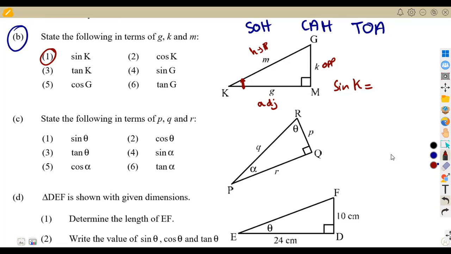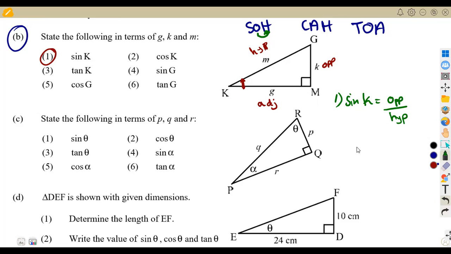All right, so let us go back now to the ratios that we are given. Remember, we are to find the ratio, and from our trigonometrical ratios, we understand that sine is given as opposite over the hypotenuse. So you can even write it as O over H. That is opposite over hypotenuse, or you can write it in full, it's fine.